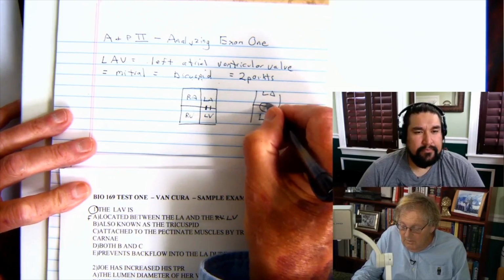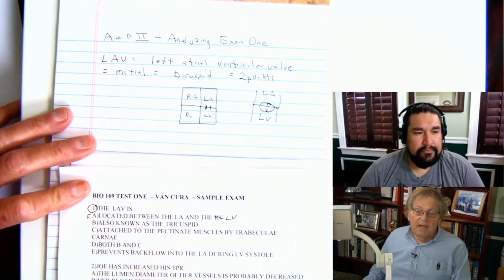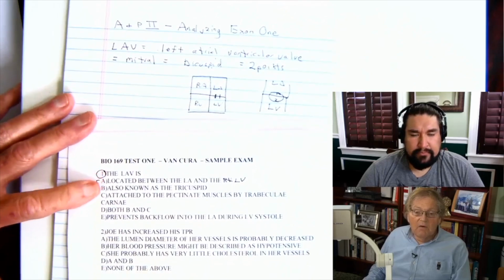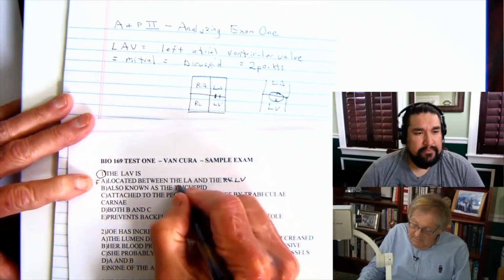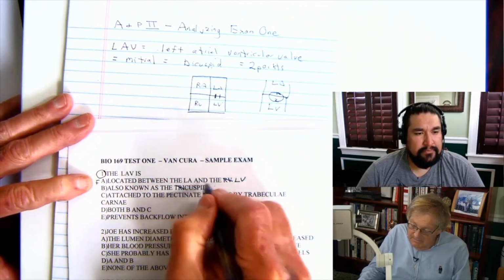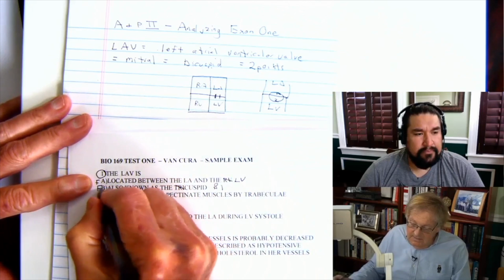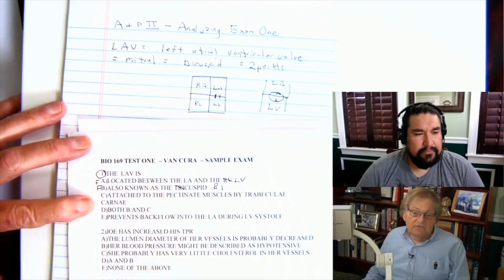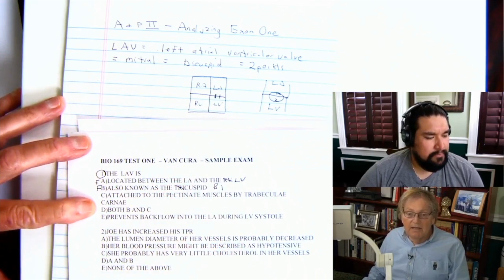And it's got 2 points, hence it's called the bicuspid valve. So therefore it's not also known as the tricuspid, it's known as the bicuspid. And therefore that's false.